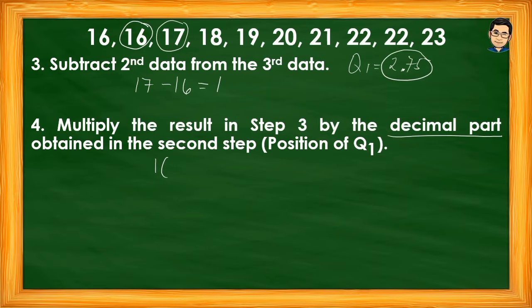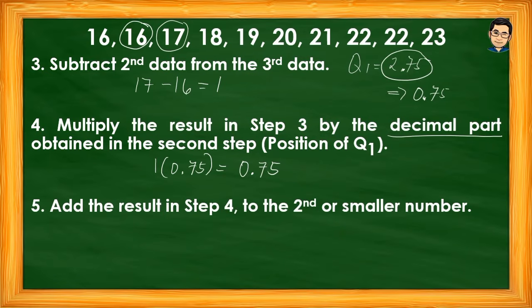So, ano yung decimal part natin dyan? Siyempre po, 0.75 or 75 hundredths. So, i-multiply natin yan. So, 1 times 0.75. So, any number multiplied to 1, of course, the answer is the number itself. So, the answer is 0.75. So, yan po yung nakuha nating product.